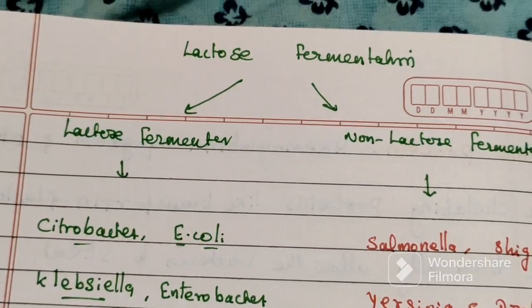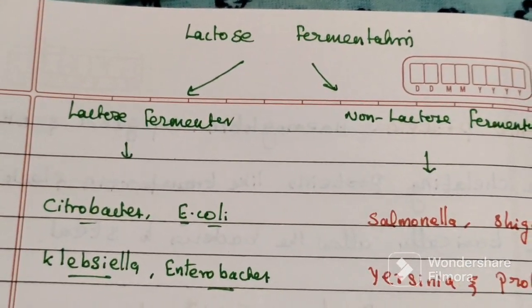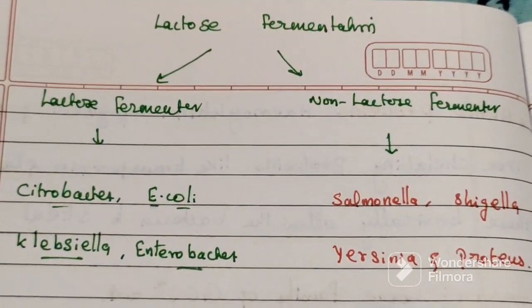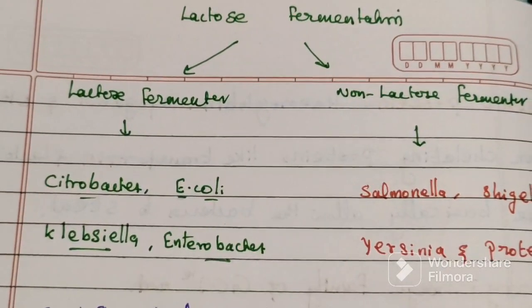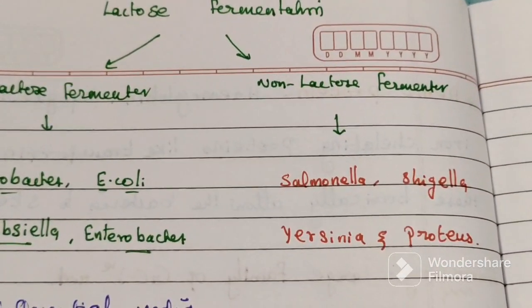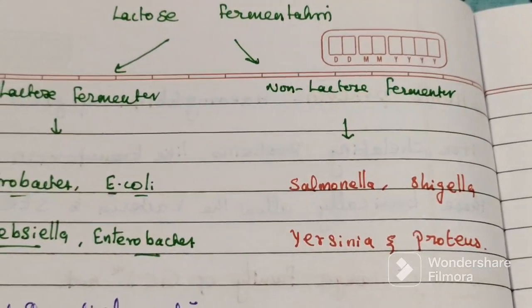Based on lactose fermentation, Enterobacteriaceae are classified into lactose fermenters and non-lactose fermenters. Lactose fermenters: Citrobacter, E. coli, Enterobacter, Klebsiella. Non-lactose fermenters: Salmonella, Shigella, Yersinia, and Proteus.